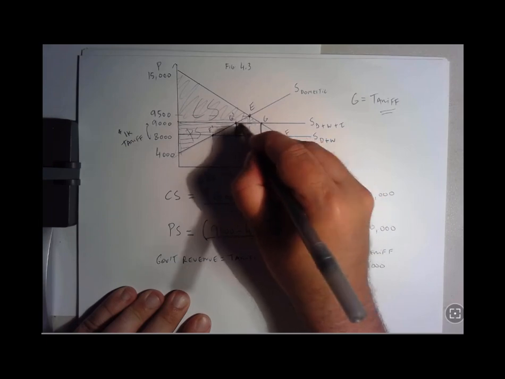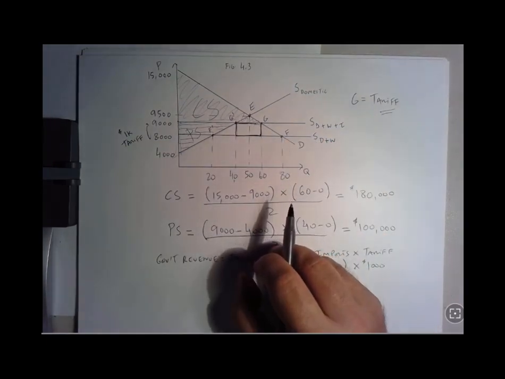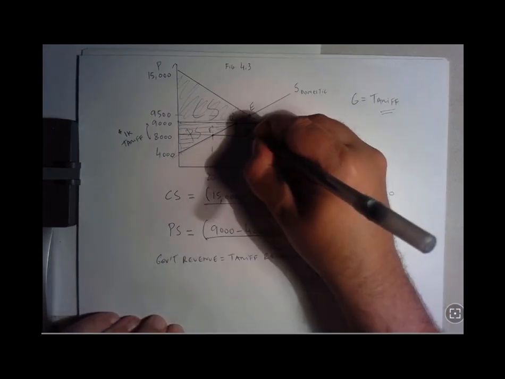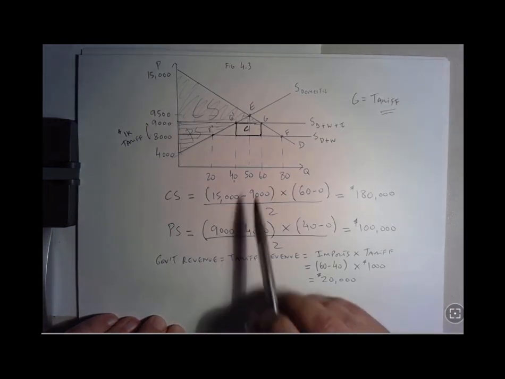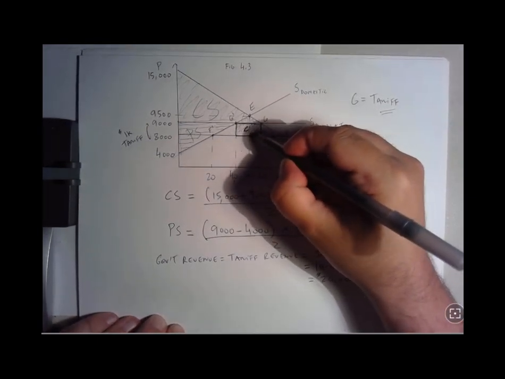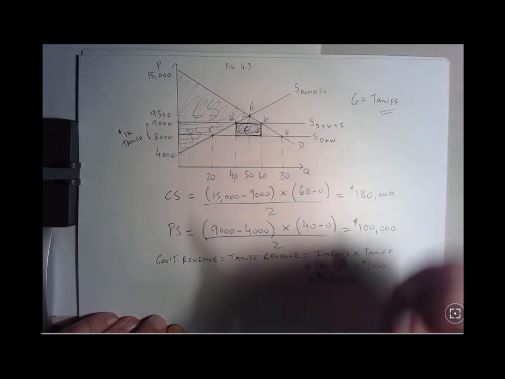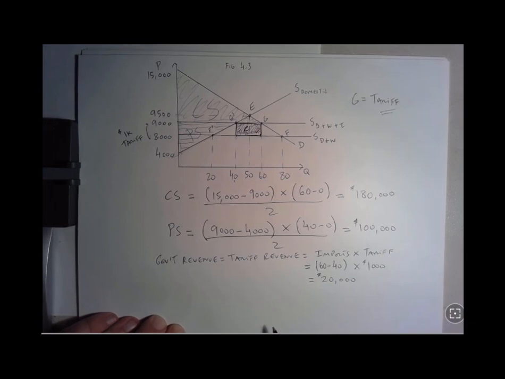We also call these, and the figure 4.3 denotes this area as area C. We also call these the revenue effect. Okay. This area C is retained in the economy in the form of tariff revenue by the government.